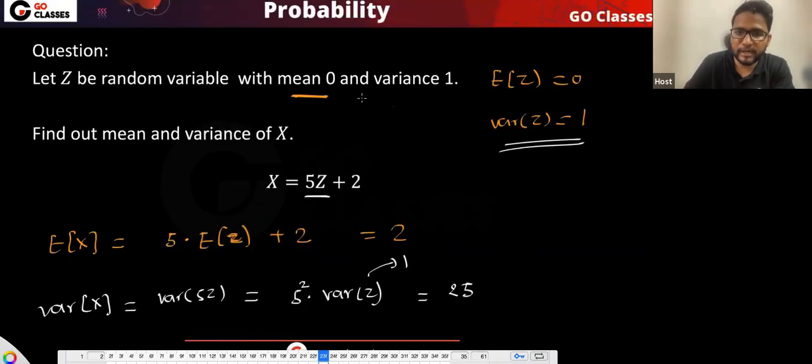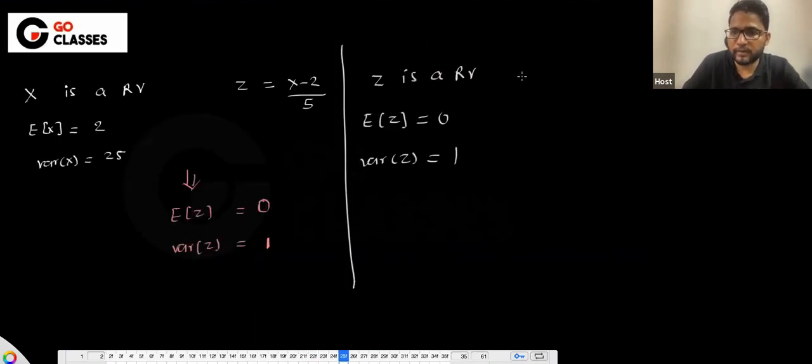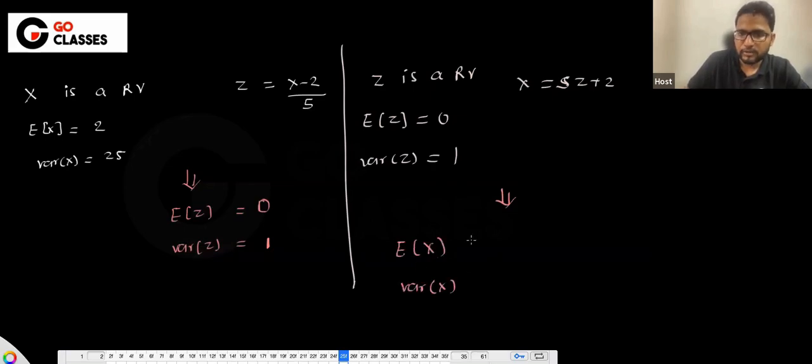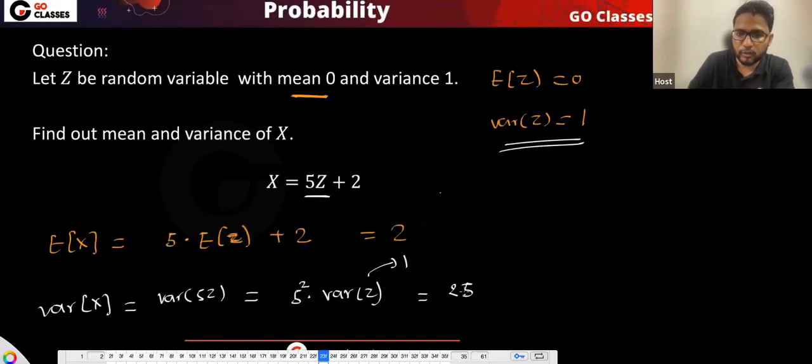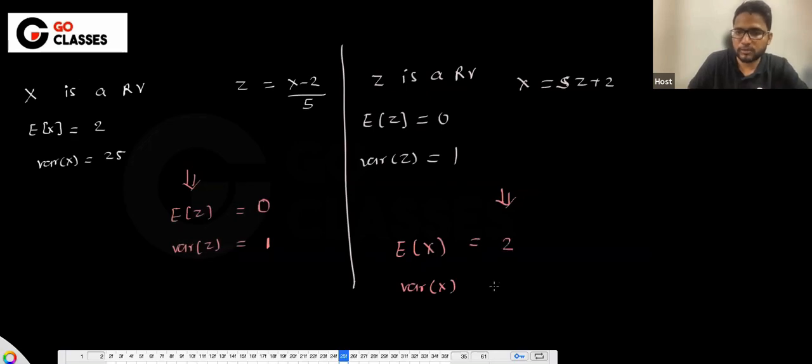And then they have defined a random variable x, which is 5z plus 2. They said to find the new expectation of x and the variance of x. The expectation of x is coming out to be 2 and the variance is coming out to be 25. Okay, these are the two examples that we did.